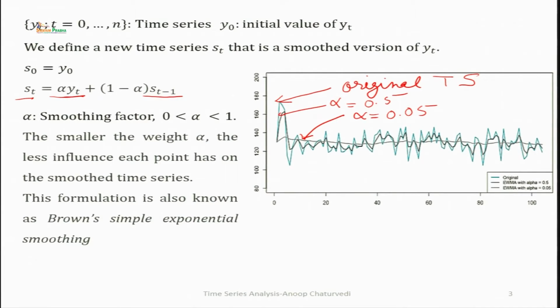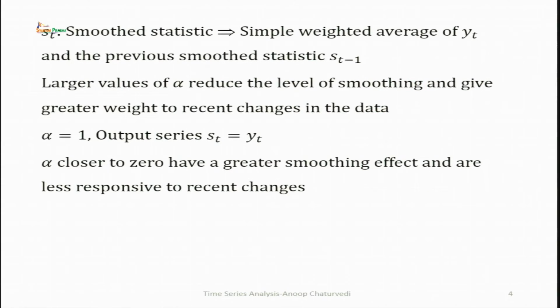This formulation is also known as Brown's simple exponential smoothing procedure. S t is also known as the smoothed statistic, and as I told you earlier, it is a simple weighted average of y t and the previous smoothed statistic S t minus 1, and larger values of alpha reduce the level of smoothing and give greater weight to recent changes in the data.